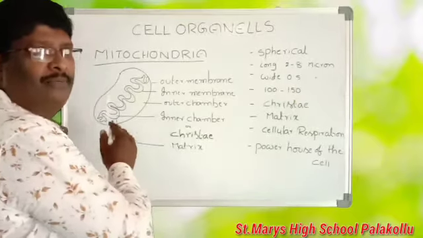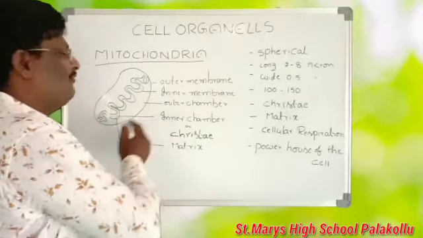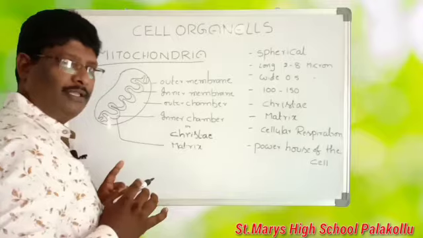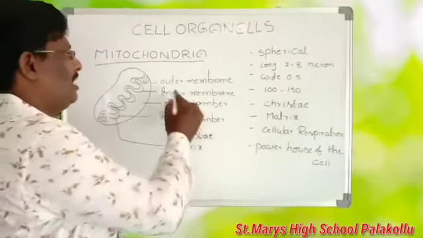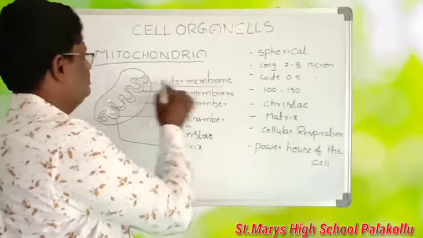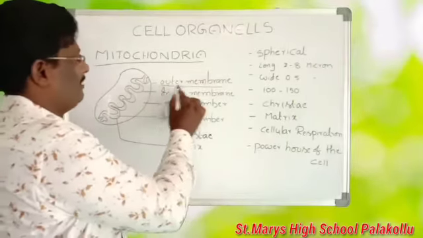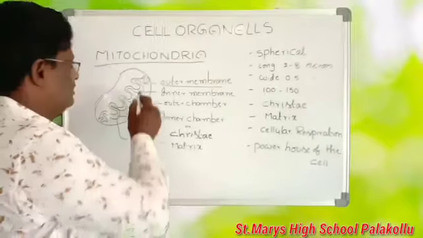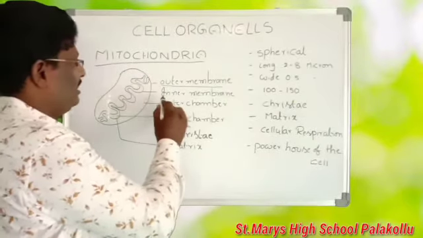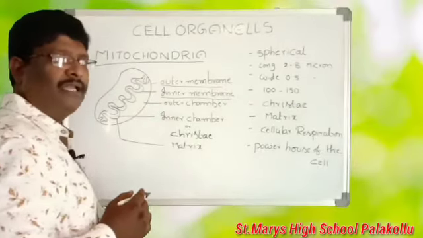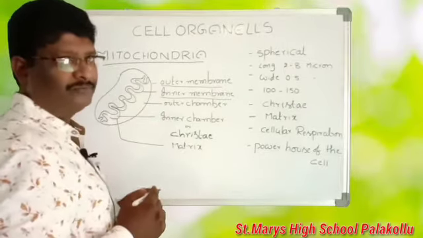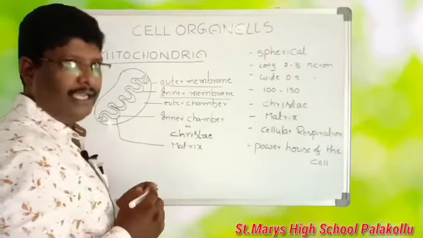If you observe it, there are two layers in the mitochondria. This is called the outer membrane, and the second layer is called the inner membrane. So two membranes are there, outer membrane and inner membrane.